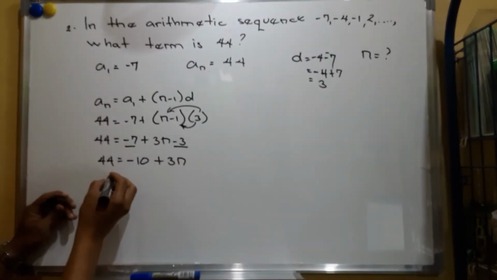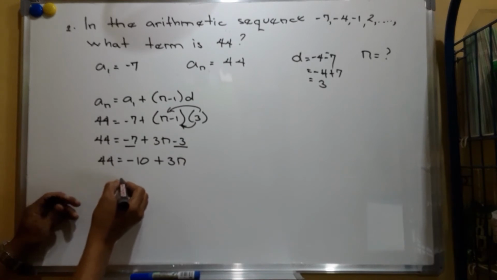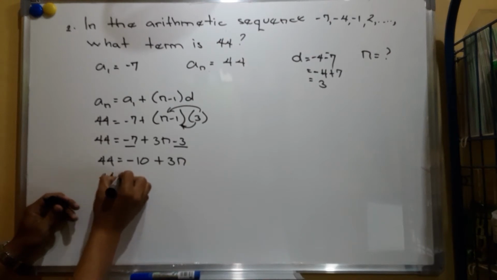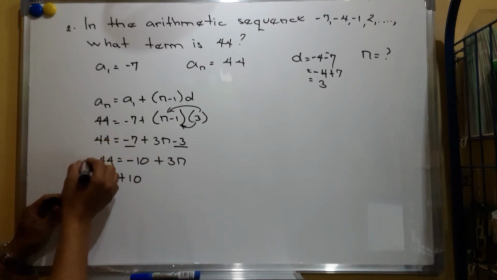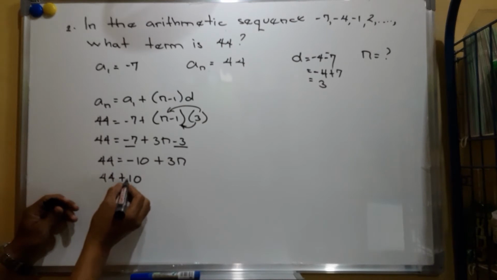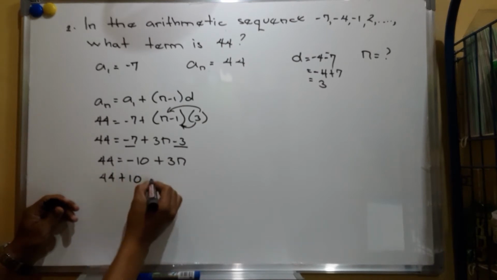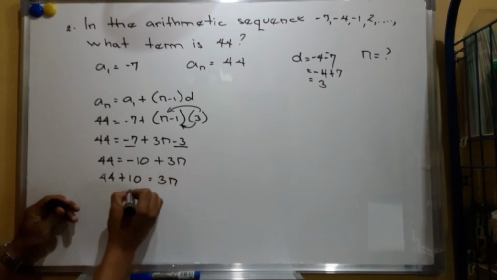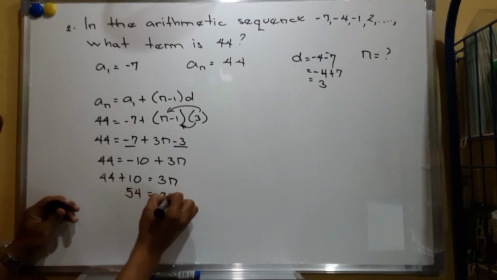So, transpose the negative 10. So, that is 44 plus 10. Why plus 10? Because this is negative. When transposed, negative would become positive. So, what remains on the other side is 3n. So, 44 plus 10, that is 54, is equal to 3n.